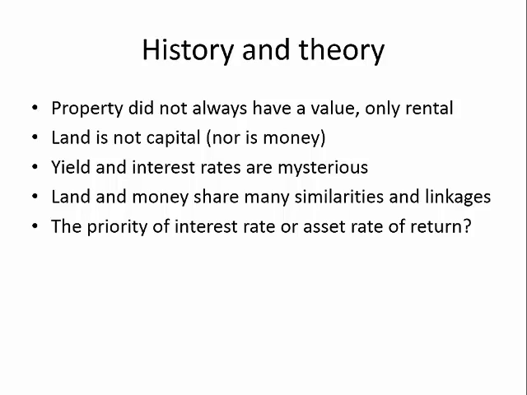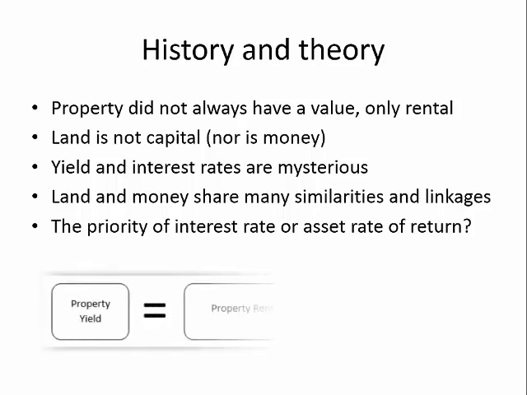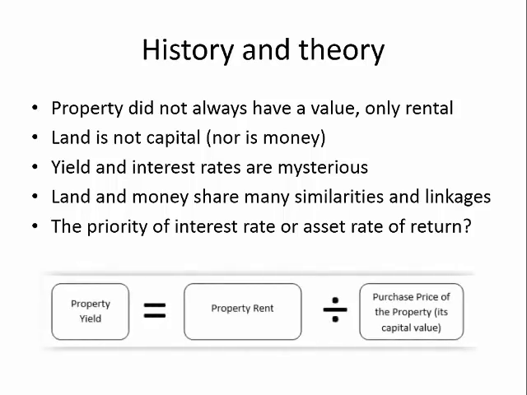One of the odd things about the fact that these two very important and valuable things in our society are not capital, strictly speaking, is the curiosity of where yield rates come from, and for that matter interest rates and their relationship. Yield is the ratio between the income as rent divided by the value of the land.